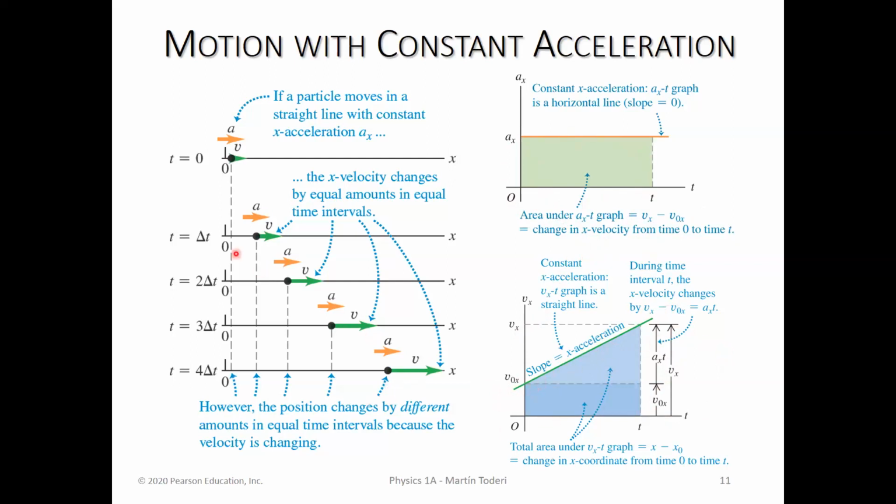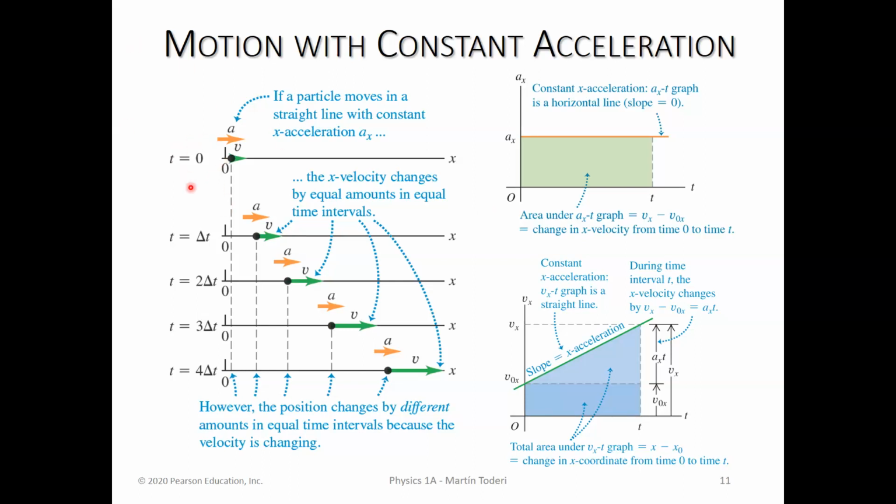So what's important to note about the fact that we have constant acceleration is that it doesn't really mean that the position is going to change constantly, right? I want to stress that a bit.